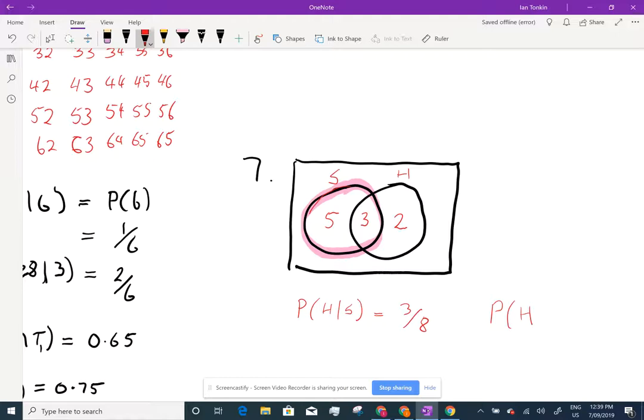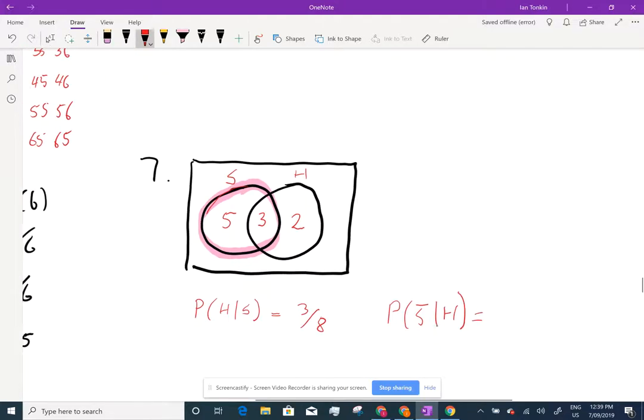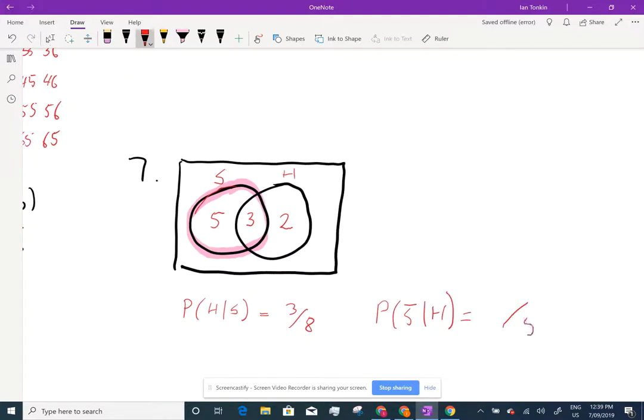Well, there's 2 over 5. But I'm going to write the conditional. So the probability they didn't put on sunscreen given that they're a hat wearer. Well, there are 5 hat wearers. And the chance they didn't put on sunscreen, well, only 2 of them did that. So that's 2 over 5. I'm just checking, 2 and 5.